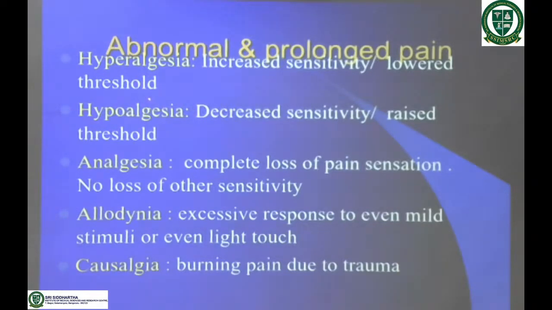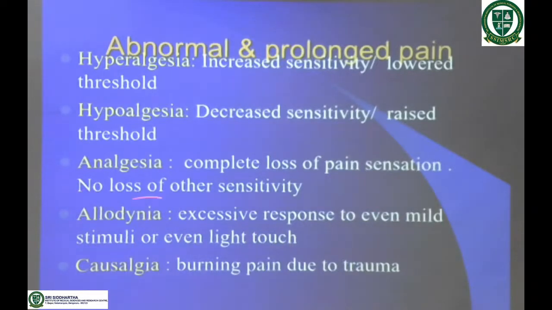Next, analgesia. It is a complete loss of pain sensation with no loss of other sensitivity. Only the pain sensation is lost completely, but there is no loss of any other sensations. Then coming to allodynia, it is an excessive response to even a mild stimulus, even a light touch.